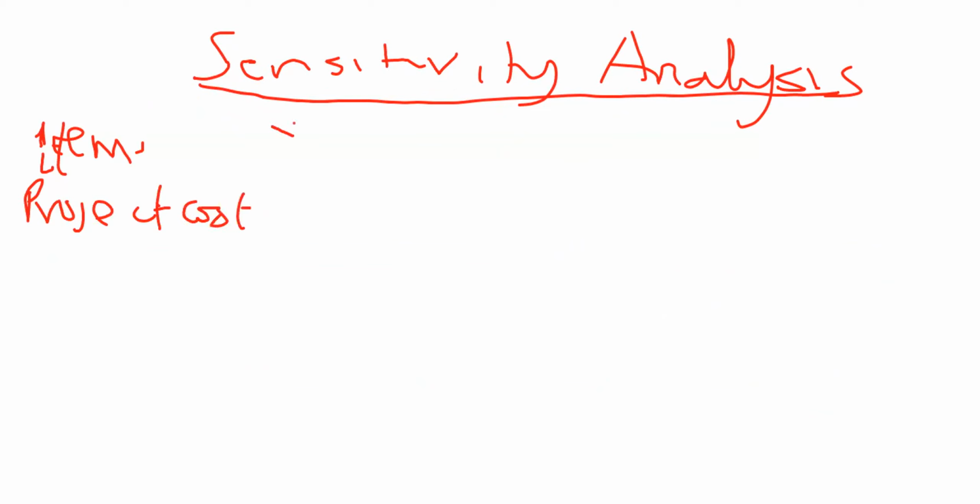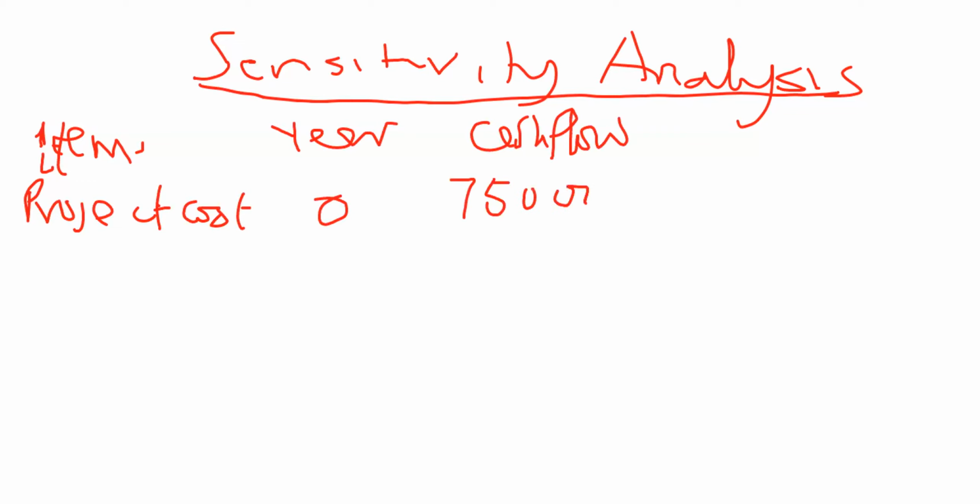The next one is the year. This is year 0. The next one is the cash flow, which you know, 750,000, in brackets. The next one is the discount rate. How many percent? 16%, yes. The next one is present value.